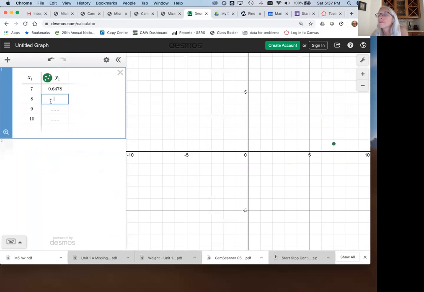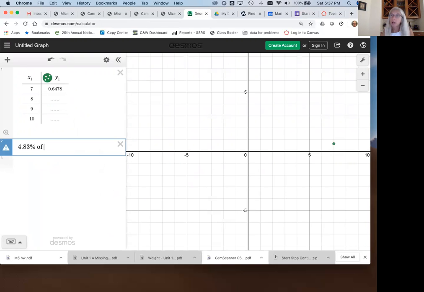So I have that there. And I need to find out what was In-N-Out Burger sales in 2018. So I have to find out what is 4.83% of 0.6478. How do I find that?